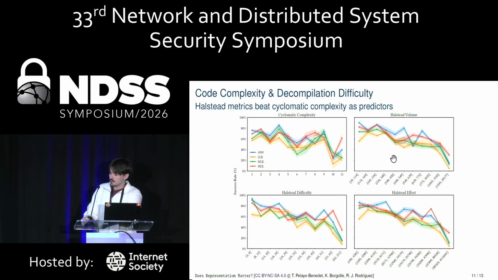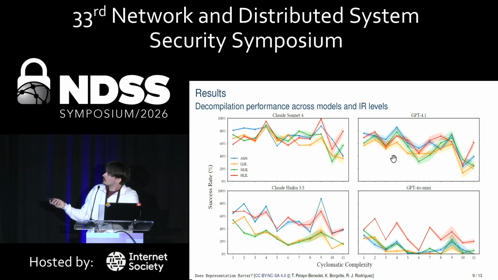This allows us to think that the Halstead metrics are probably the better predictors of code complexity for compiling with LLMs. Also, we can see that large models degrade slowly, but the smaller ones, as we can see in these cases, decrease faster.